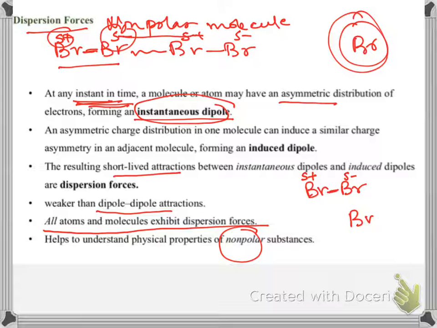So when you have another bromine molecule with the same thing, positive, negative, this kind of attraction, which is very short-lived between these two poles, is the dispersion force. All molecules, all atoms, they show dispersion forces.